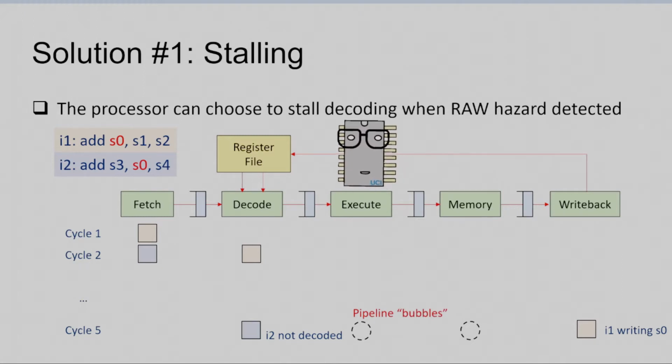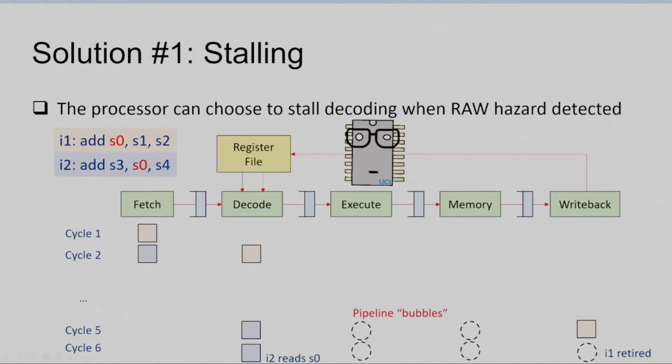So it can make the decision that, in order to get correct results, instruction 2 can just be held at the decode stage without actually moving forward, without actually reading from the register file, until the effects of instruction 1 have been applied to the register file. So all the way until cycle 5, it'll just be kind of stuck there.